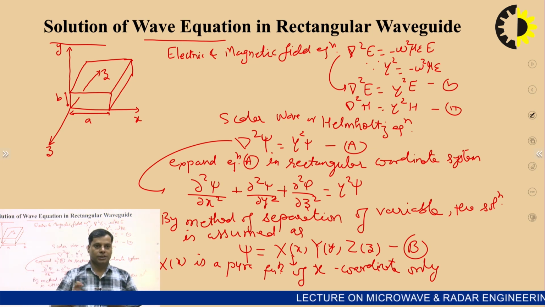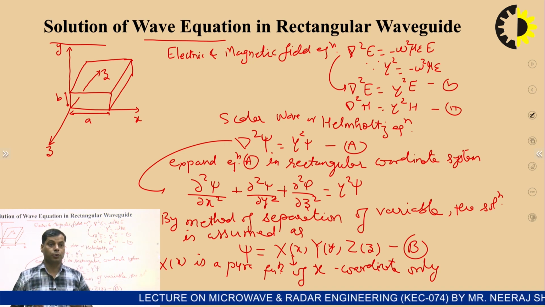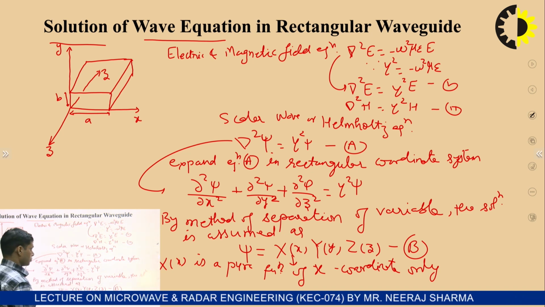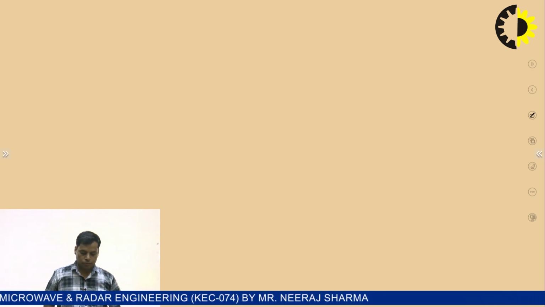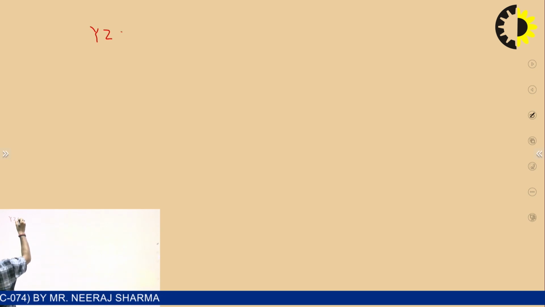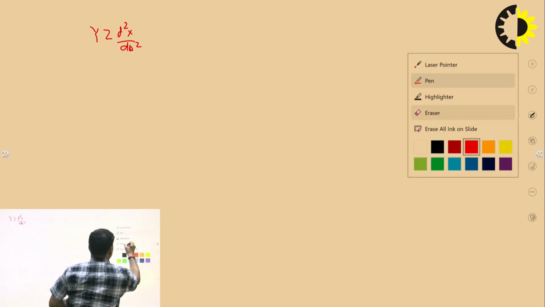That means these three, X of x, Y of y and Z of z, are totally independent of each other. Now we can put the value of equation B into equation A. What we get is YZ into d square X over dx square.